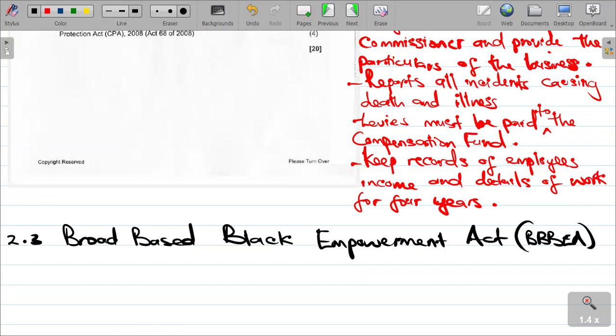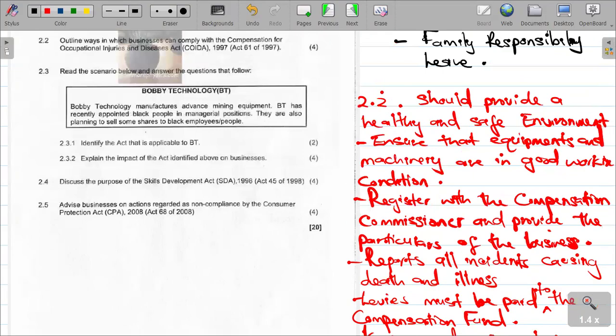So the reason being that it has appointed Black people in managerial positions. It also plans to sell shares to Black people. That's the application of the act that is being applied here, the BBBEE Act, the Broad-Based Black Economic Empowerment Act, right? Explain the impact of the act identified above on business, right?